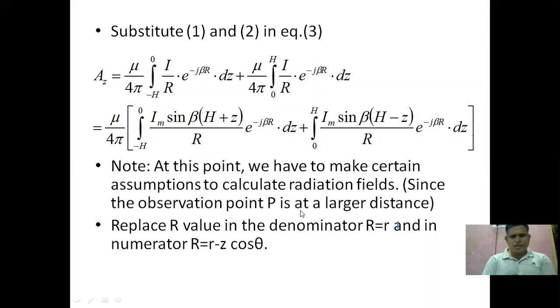Because of the far fields, we assume that the little path difference can be minimized and we can make small r equal to capital R. You have to understand this. We will change it only in the denominator, to reduce the complexity of this problem.